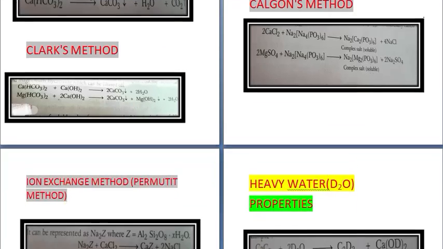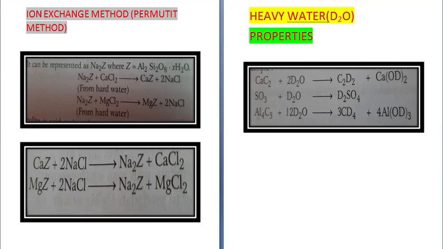In the ion exchange method, it is also called the permutit method. So in this, hydrated sodium aluminium silicate, Na2Al2Si2O8.xH2O, are called zeolites. So zeolites are what? Hydrated sodium aluminium silicate.